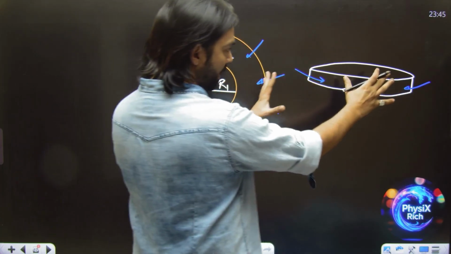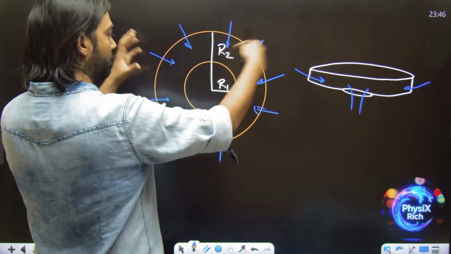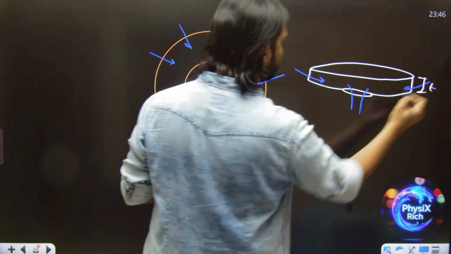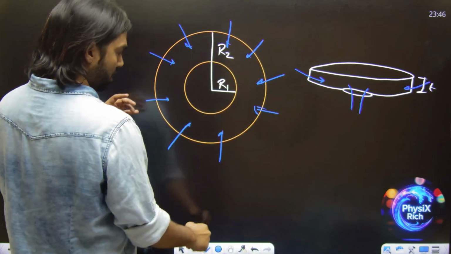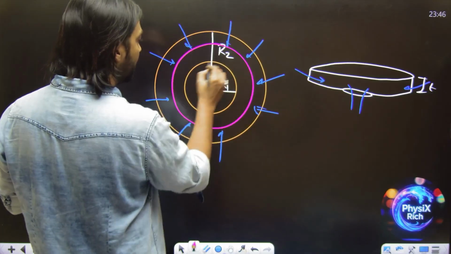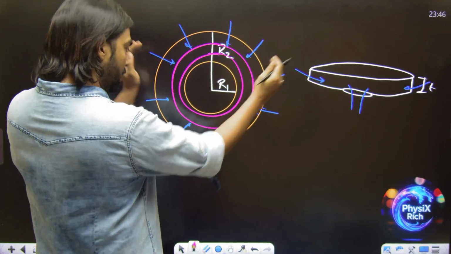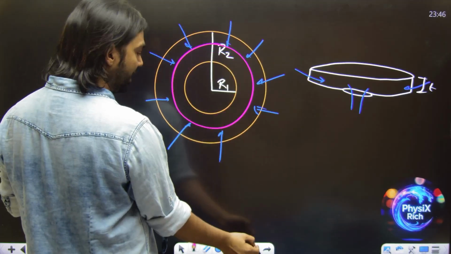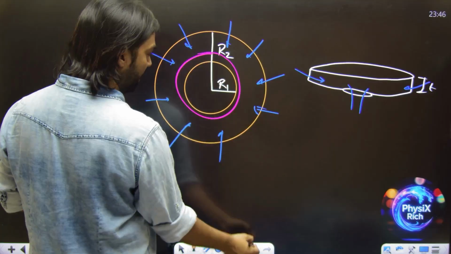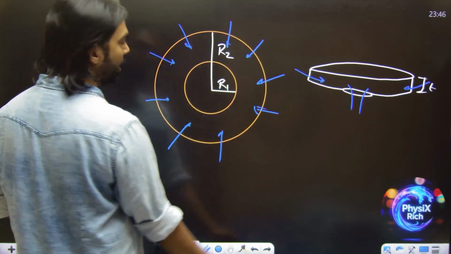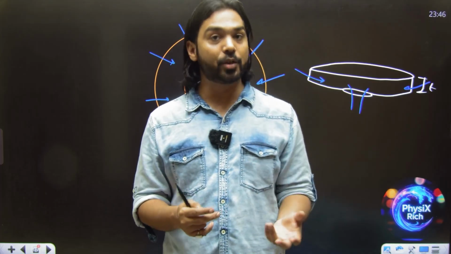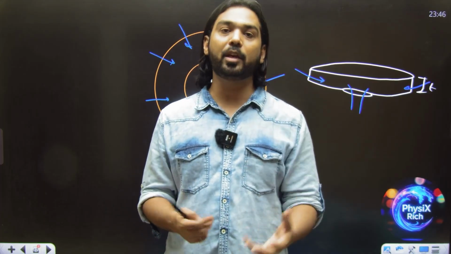I hope you can understand, this is the side view. I've tried somehow making the 3D view, and this is the top view. Water is gushing in from all sides. But as the water is gushing in, it gets squeezed in. So it has lesser area of cross section to pass through every time it reaches close to the hole. So the area reduces, and when the area reduces, the speed should increase because of the equation of continuity.